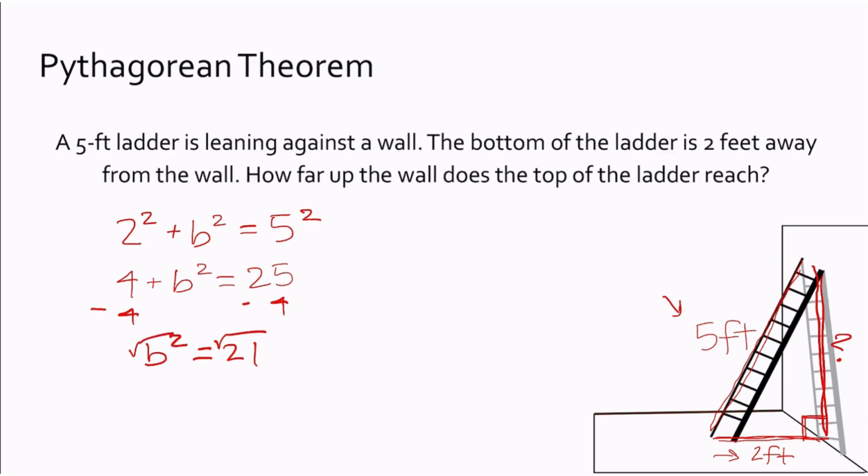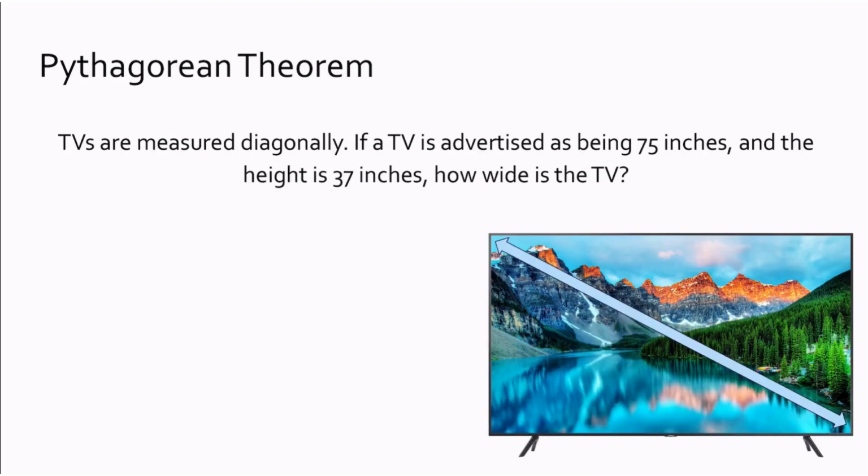And then we take the square root of both sides, and the square root of 21 is 4.58, and we'll leave it at 2 decimal places. So if you have a 5-foot ladder and you lean it up against a wall, and the bottom of your ladder is 2 feet away from the wall, your ladder will only reach 4.5 feet up the wall. Pause this video and give this one a try.